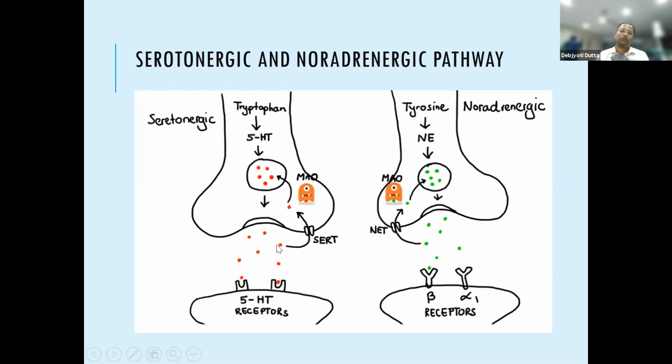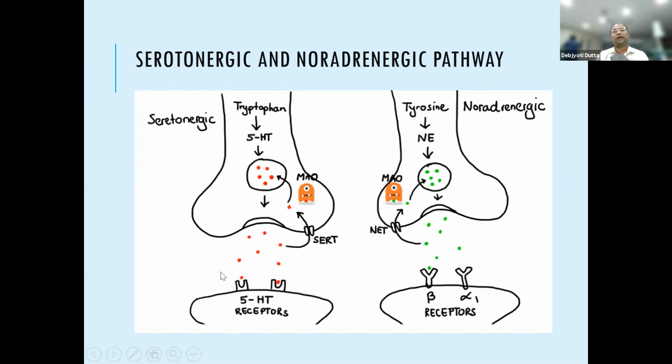And otherwise also, there is serotonin reuptake, meaning serotonin goes through these channels into the primary neuron again. So that is called reuptake. That reuptake can be blocked. In the same way, noradrenaline reuptake can be blocked.